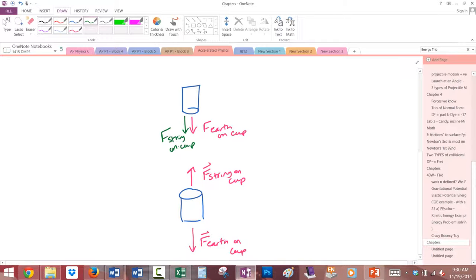And the net force pulling down here. Good. The thing is moving, and that's important.